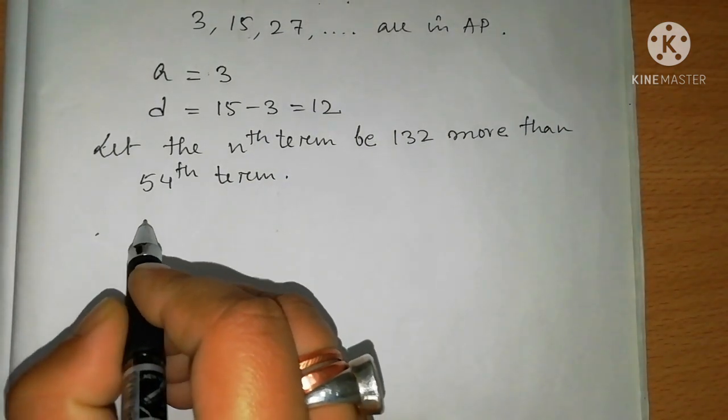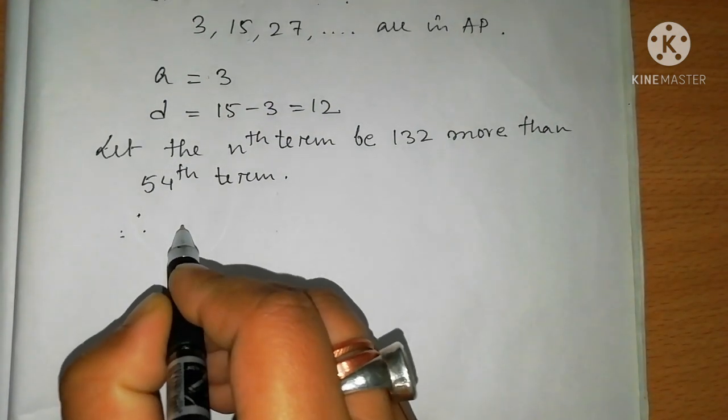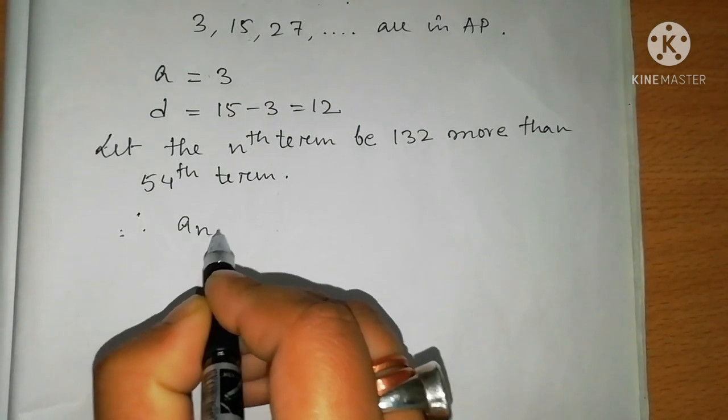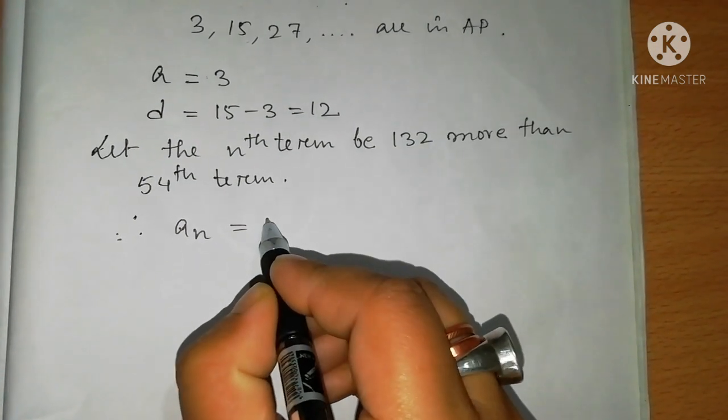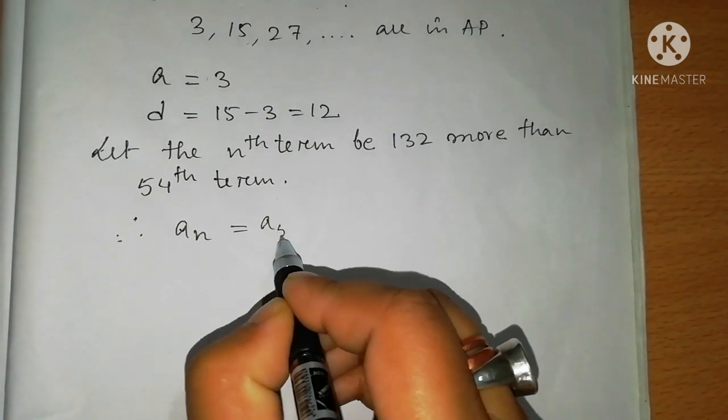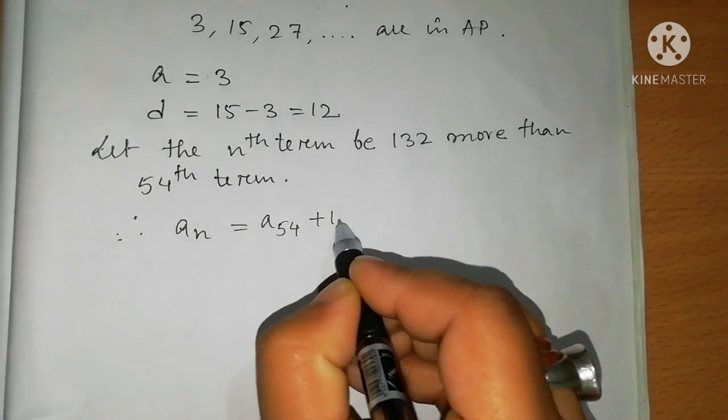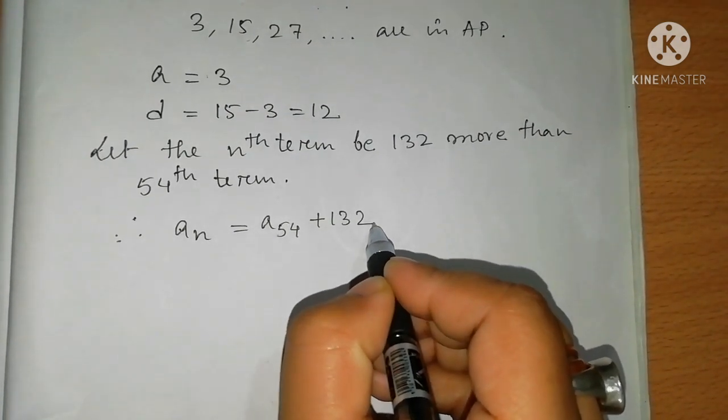So therefore we can write a_n is equal to a_54 plus 132.